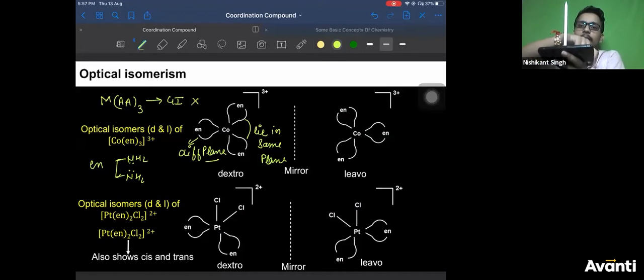But what about this ring? The ring connecting these two positions of the octahedron is lying in the horizontal plane. Correct? So are all these three rings lying in the same plane? No, definitely no.